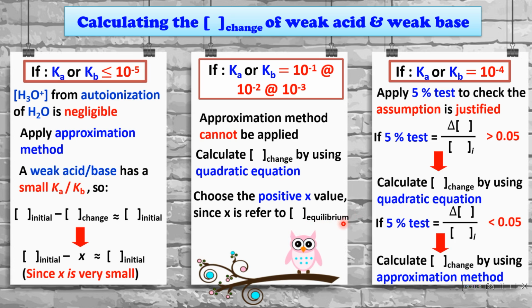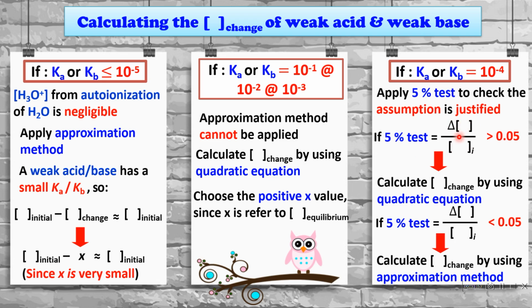For the third case, if Ka or Kb is equal to 10 power of negative 4, you have to apply the 5% test to check that the assumption is justified. The 5% test is referred to the change in concentration over the initial concentration.